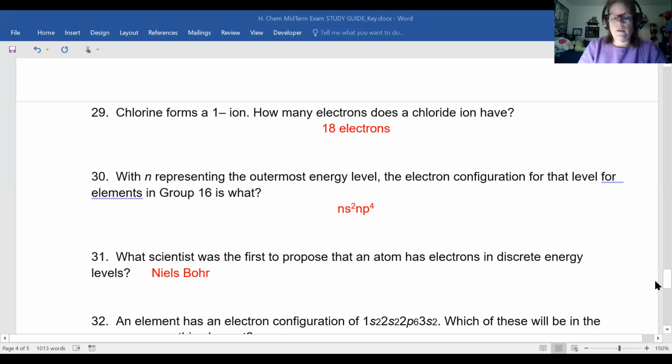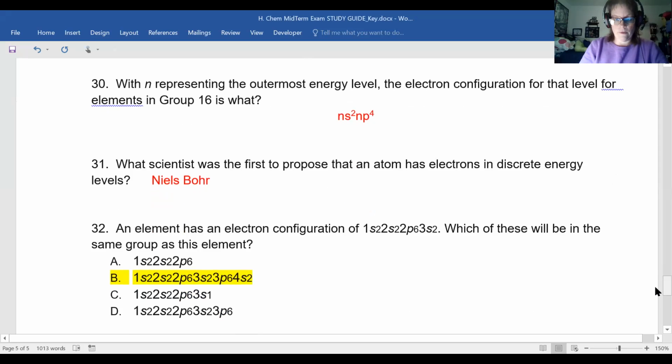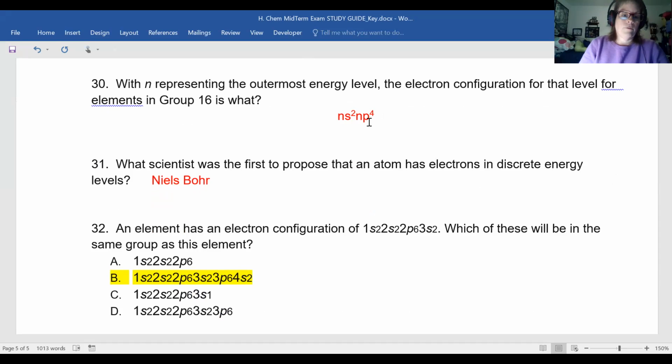All right, number 30 and 32 have to do with electron configuration. Okay, N is representing those numbers that represent the energy levels, so we're really not putting those numbers in. You're just really looking at the S's and the P's, and they want to know, with N representing the outermost energy level, the electron configuration for that level for elements in group 16 is what.